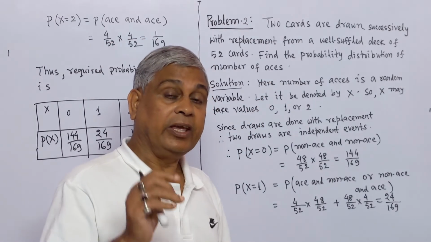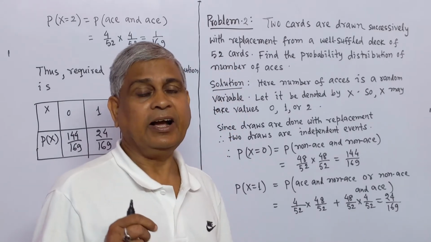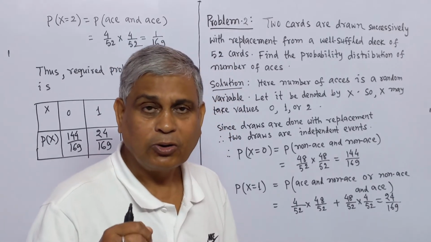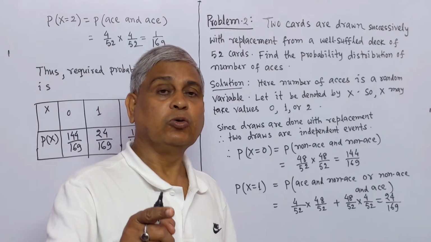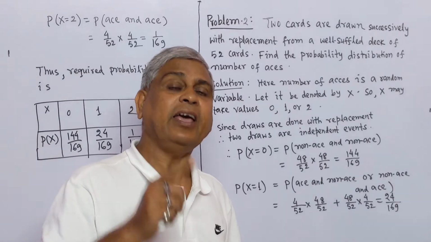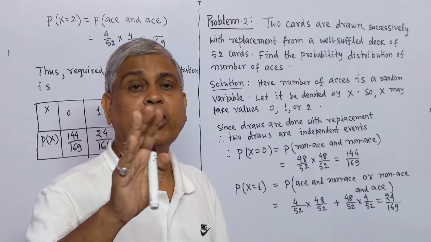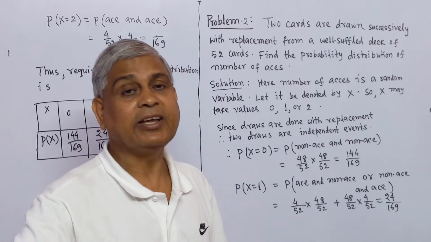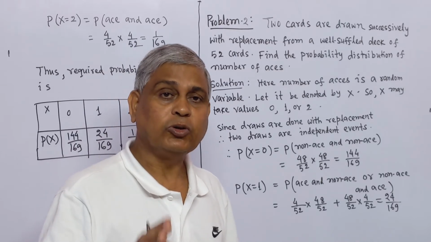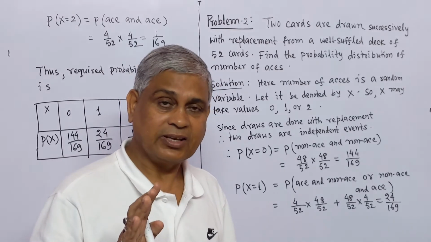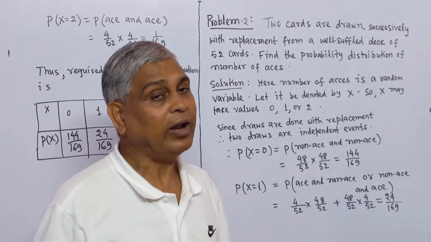Again, if in the first draw we get an S and in the second draw we do not get an S, that means we get one S. Similarly, in the first draw we do not get an S, but in the second draw we get an S. Here also we get 1 S. That means the value of the random variable is here 1.